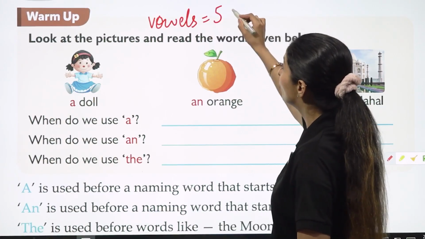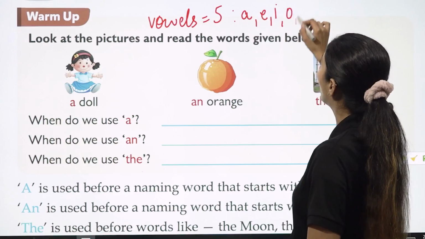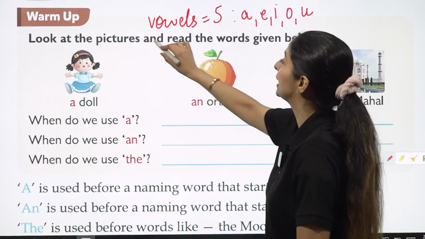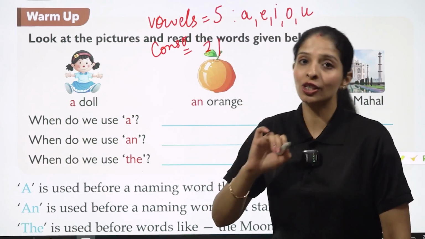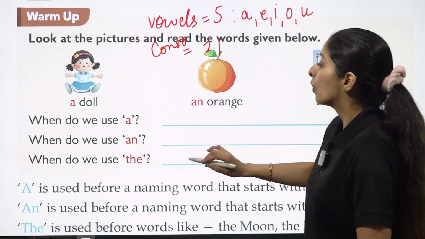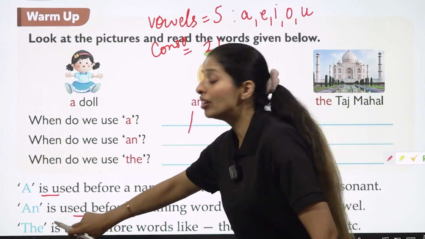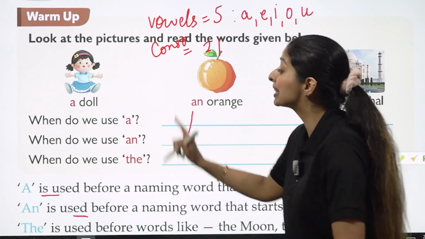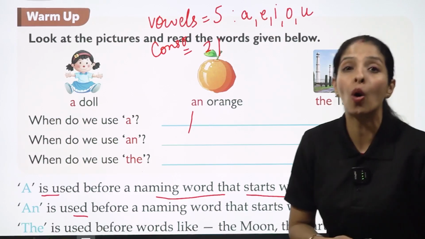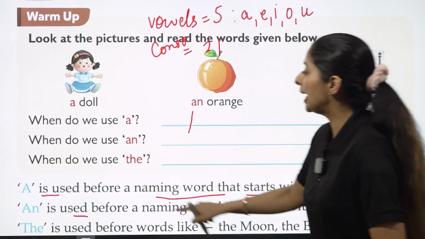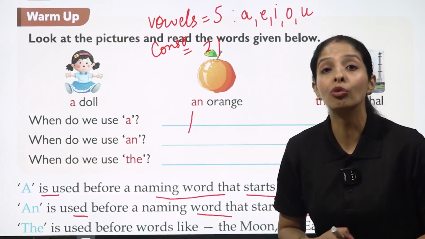There are 5 vowels, which are A, E, I, O, U, and the remaining 21 are the consonants. We use A before a naming word that starts with a consonant. An is used before a naming word that starts with a vowel.